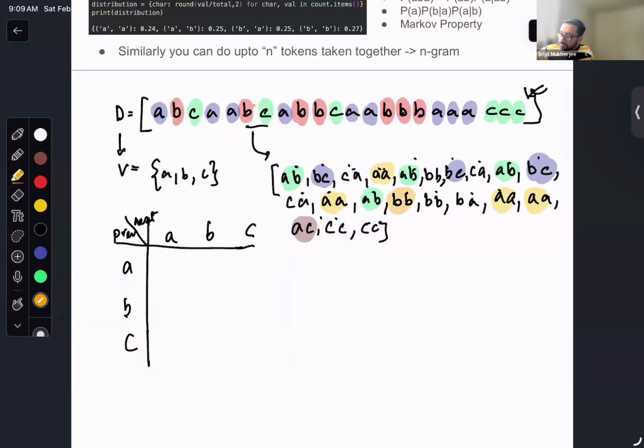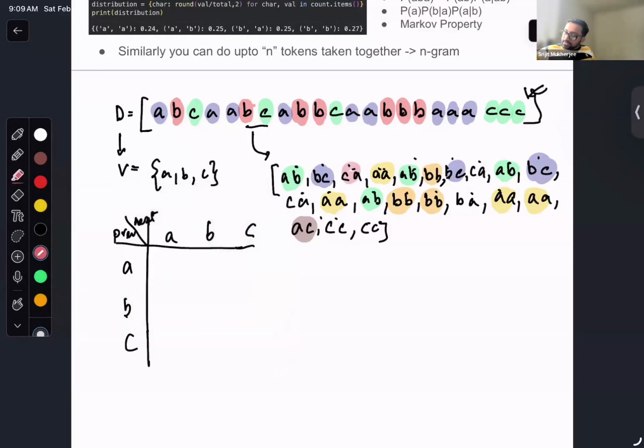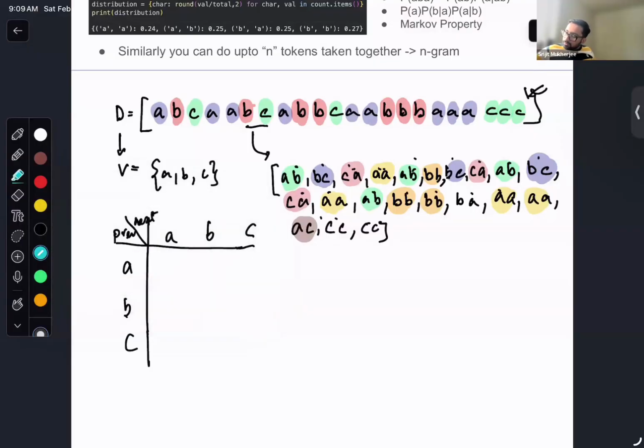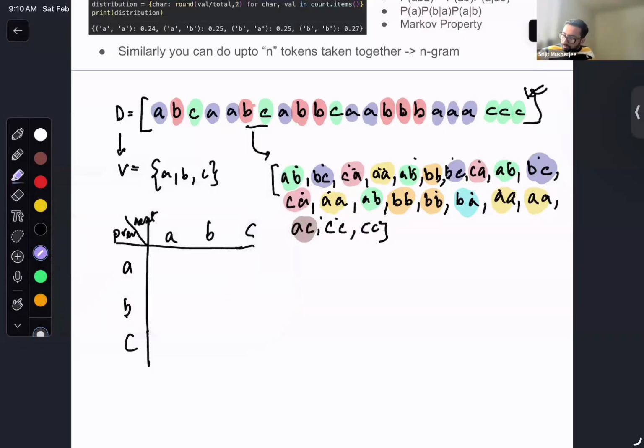BB. Okay, let's make it for too many colors. CA. Light blue is for CA. And there's another, let's say purple for CC.